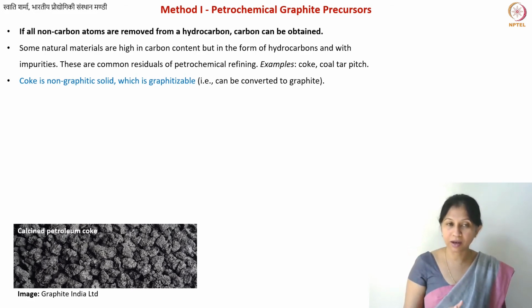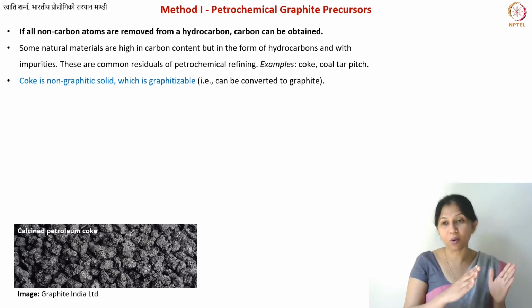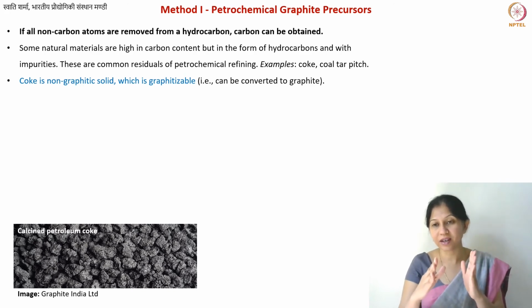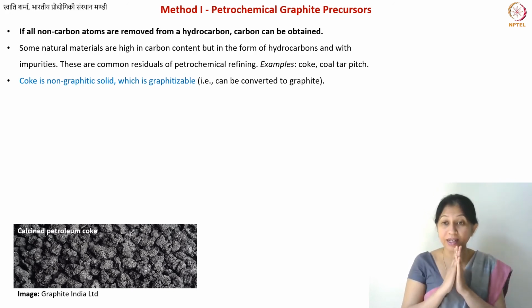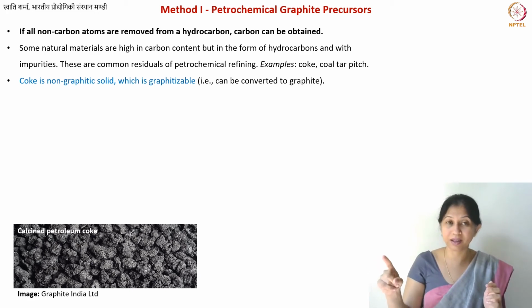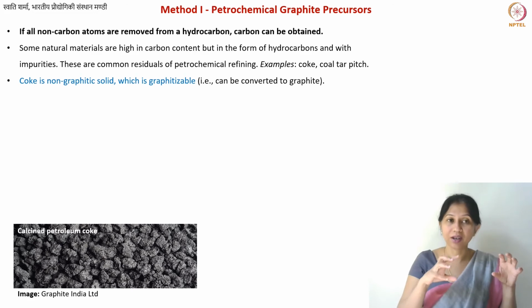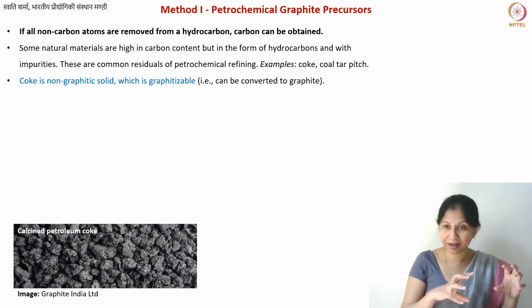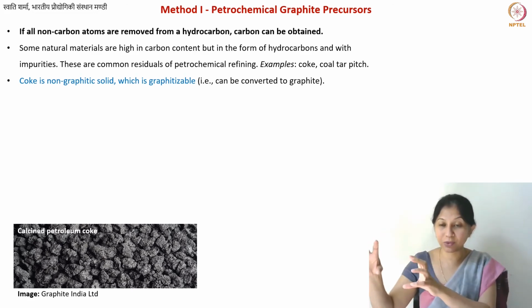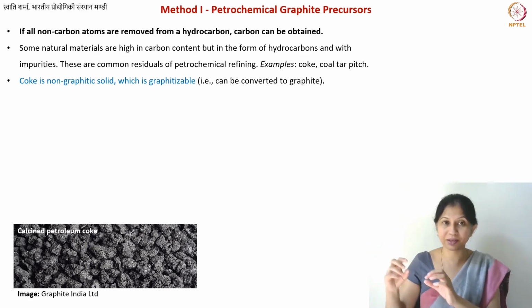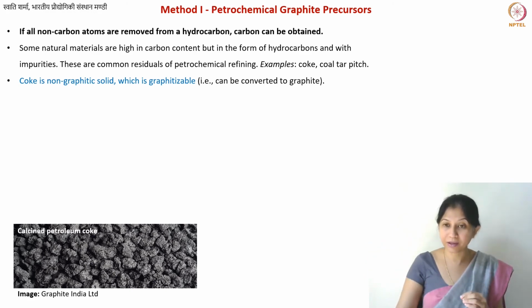That is what is meant by non-graphitic solid. In the beginning it is non-graphitic, and what we do, however, is heat treat it to convert it into graphite. This means it is graphitizable. So it is non-graphitic to start with, but we can potentially convert it into graphite by heat treatment. That is why we call it a graphitizable solid.